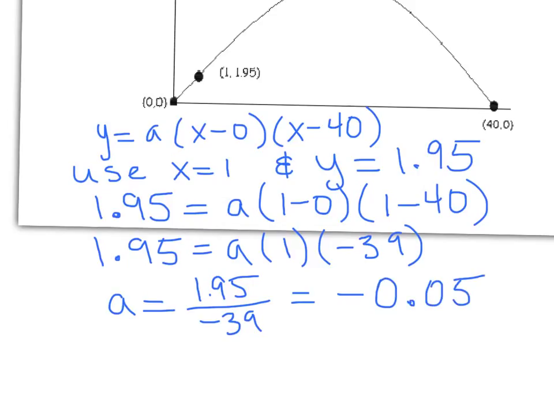0.05. Okay, so now we notice we get an a value that is negative, which means that we have an upside down parabola, right? So we can take all this and plug our a value into there, and then multiply the brackets through to solve. So let's do that.